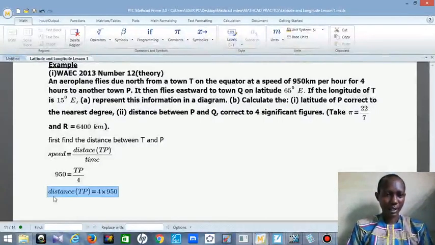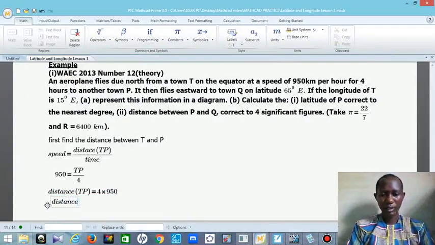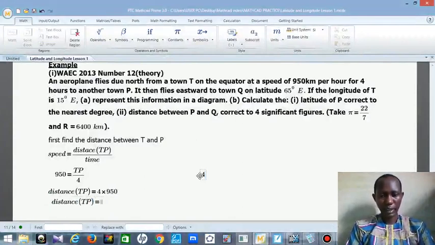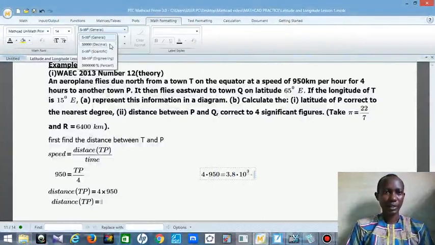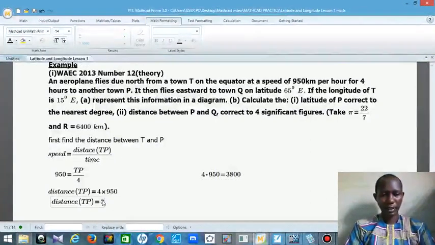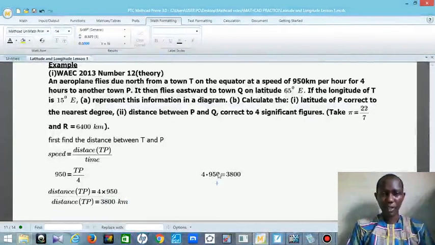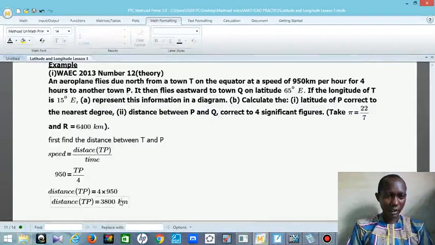When you multiply 4 times 950, what will you get? 4 times 950 is 3,800. That is 3,800 kilometers, because the speed is in kilometers per hour. So take note of that. This is the distance from T to P.